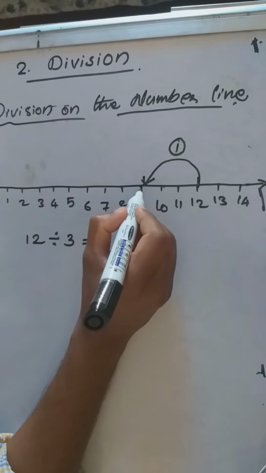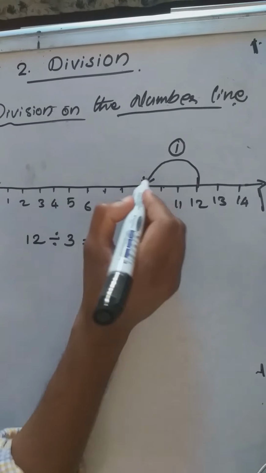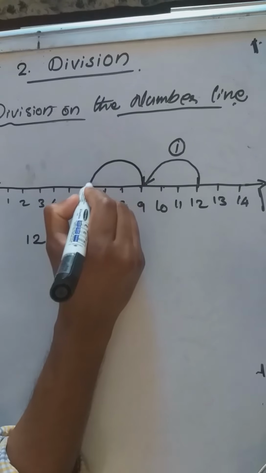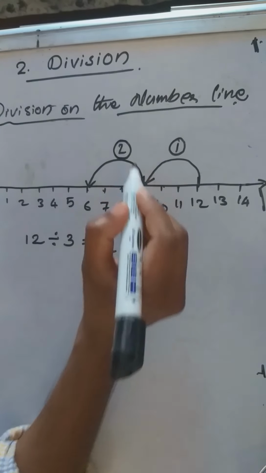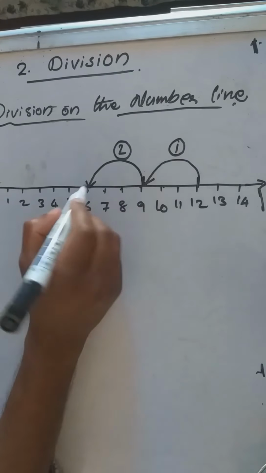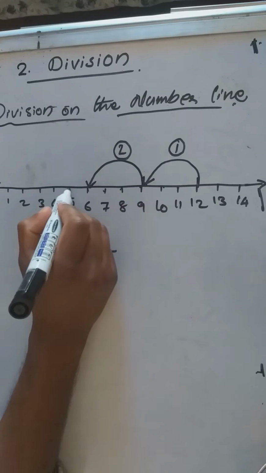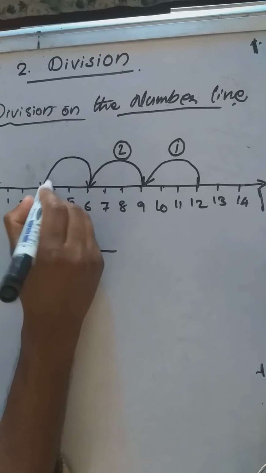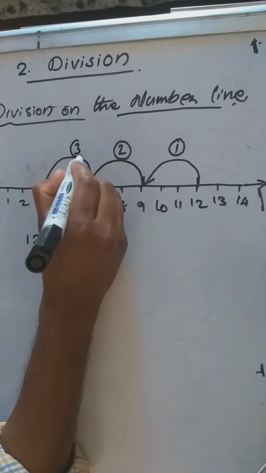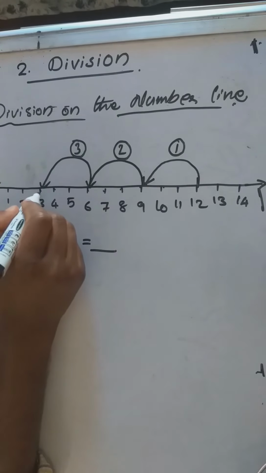So 1, 2, 3, and we are moving 3 units, you will reach 6. So we subtracted 2 times. Again we can subtract, then 6 minus 3, 1, 2, 3, it is 3 we got. So 3 times we subtracted, again we can subtract one more time, then we got the answer.